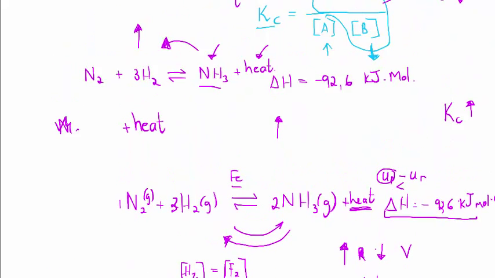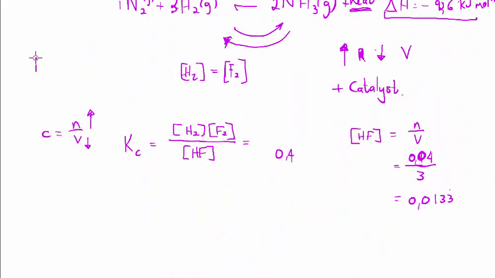If we look at, we started with hydrogen fluoride. Okay. And every 2 hydrogen fluorides produce 1 mole of hydrogen plus 1 mole of fluoride. Okay.